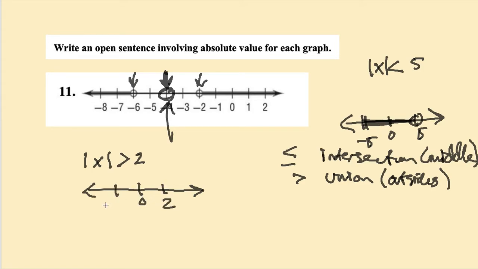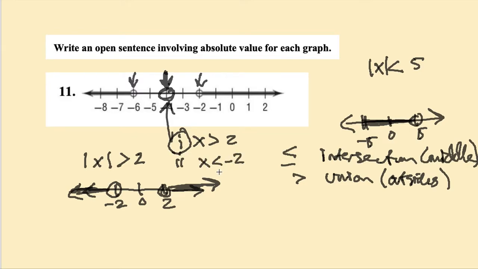We'd have an open circle like this one, going this way, and another open circle here, going this way. If we break this apart, you'd have x is greater than 2, and then your second case, after we do our flipping and everything, would give us x is less than -2. Those would be the two cases. That's how it would graph.